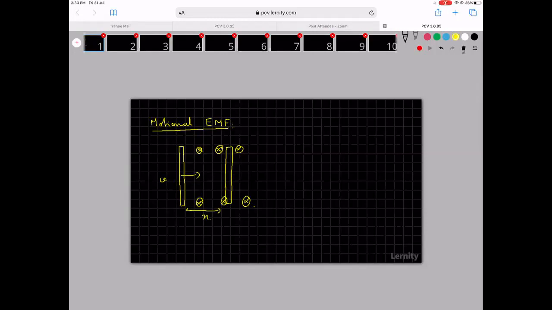So if the rod has moved from here to here, the total flux associated with the rod is equal to B L X. This is equal to flux. So EMF is equal to minus d phi by dt. So it will become minus BL dx by dt.